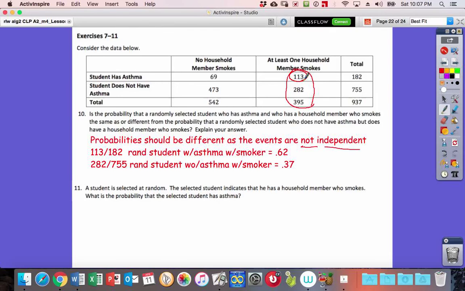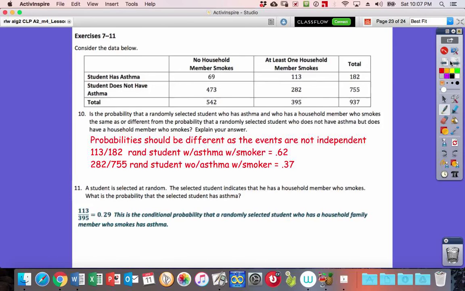There's has asthma out of 395. You're going to have 113 out of 395. This is the conditional probability that a randomly selected student who has a household family member who smokes has asthma.